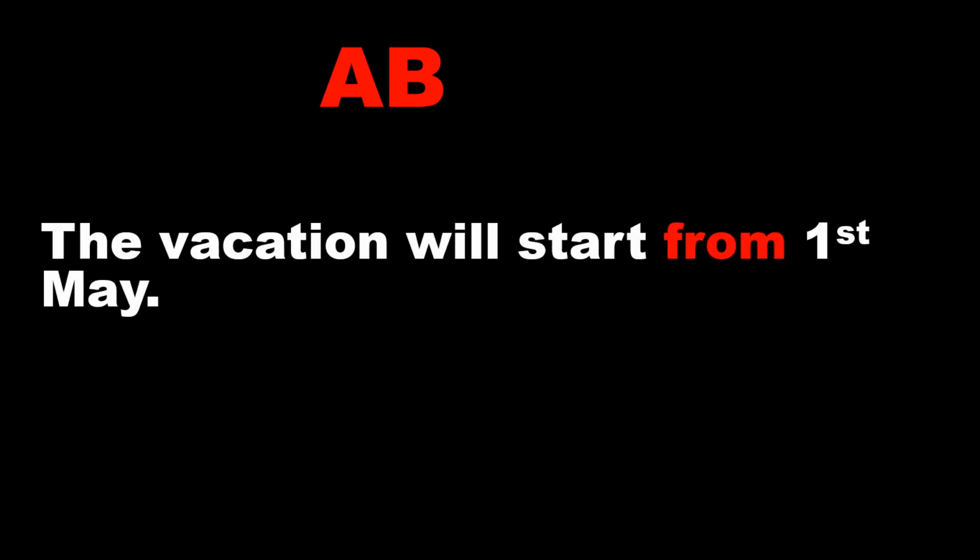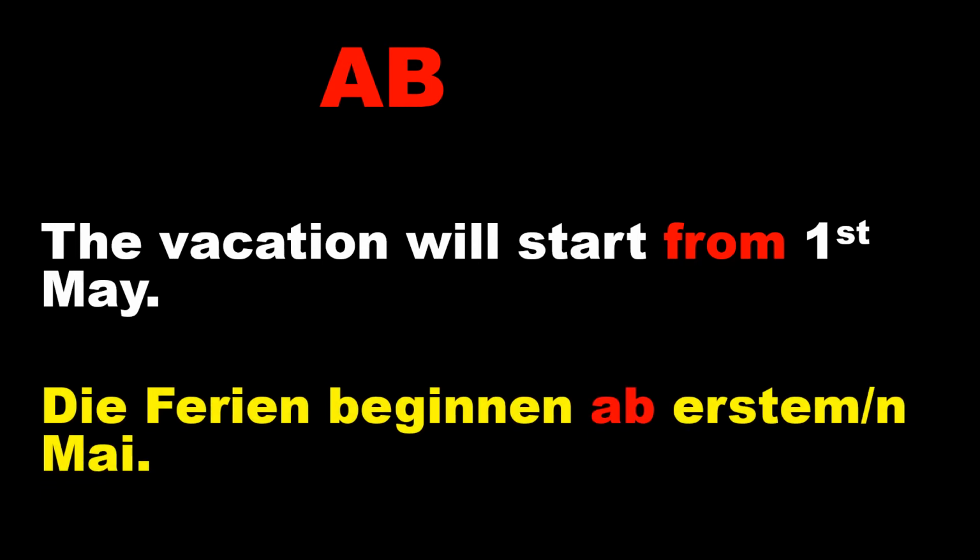Let's take the first one, ab. The vacation will start from 1st May, for example. Now see how I will translate this sentence in German. Die Ferien beginnen am 1. Mai. Die Ferien beginnen am 1. Mai oder ab 1. Mai. Both are correct.